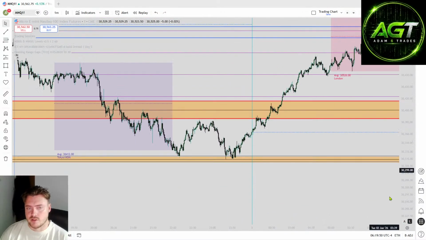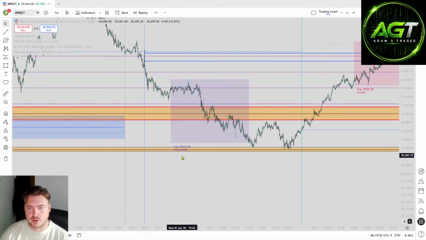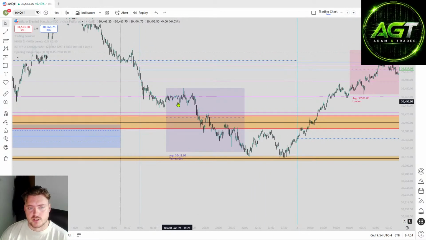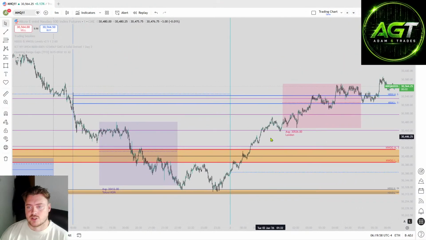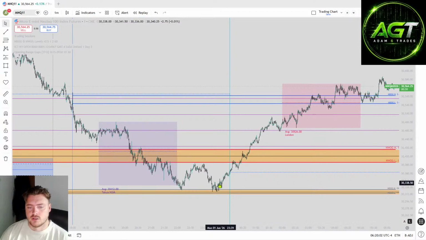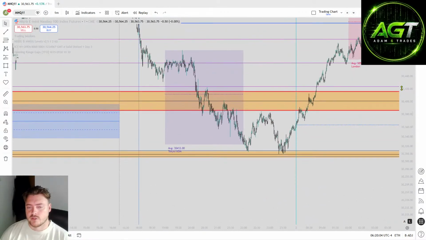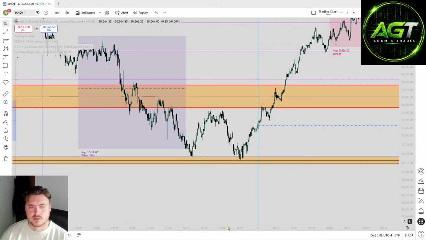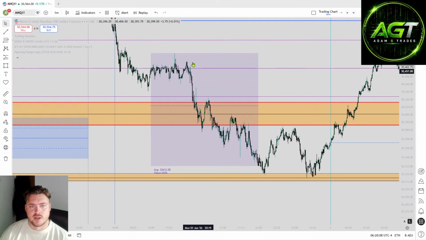So we've got, in terms of the AMD model, which we spoke about, accumulation here, manipulation here, and then distribution higher. Yeah. You've got to wait for the key times.